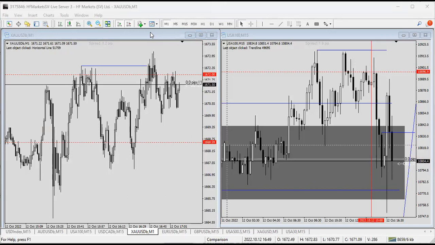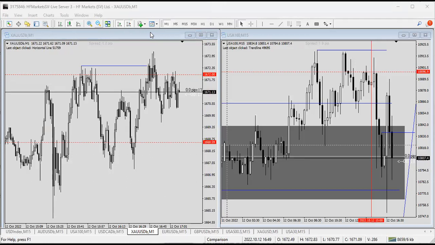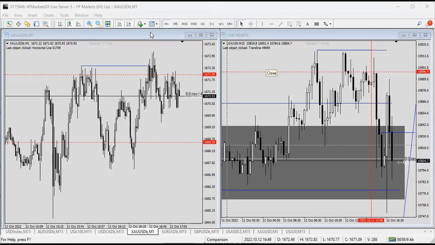Where's your SL? My SL is 20 points. So 74. Yeah, choppy markets are a thing.